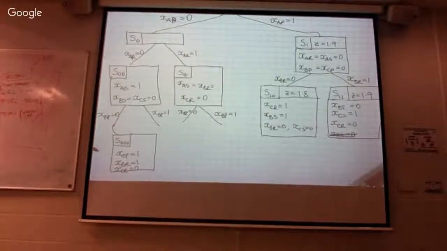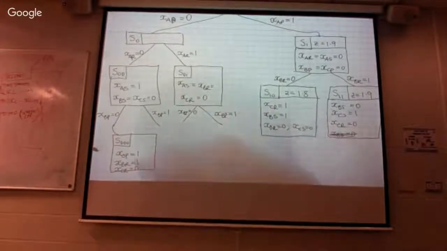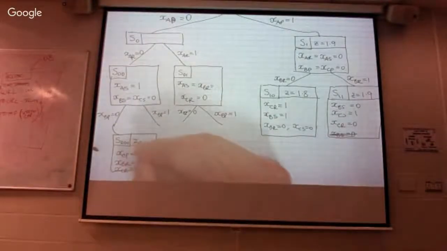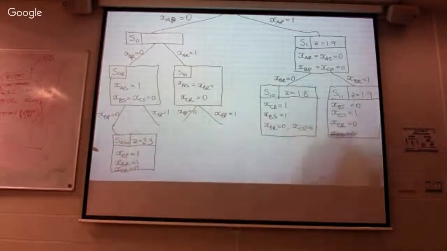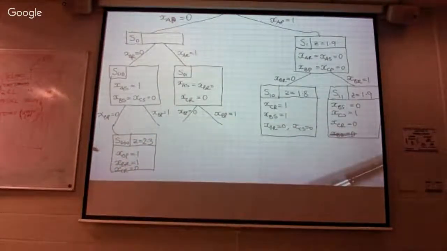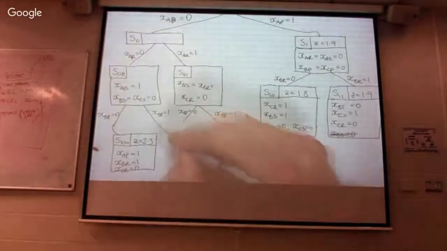Okay. So in this case, we've already determined everything, and we get that the value of the objective is 2.3, I think. That seems plausible with your table? And here, I'm not going to do all the values.